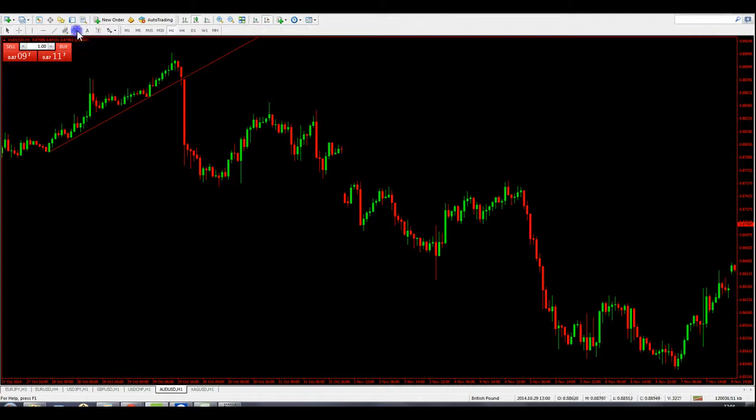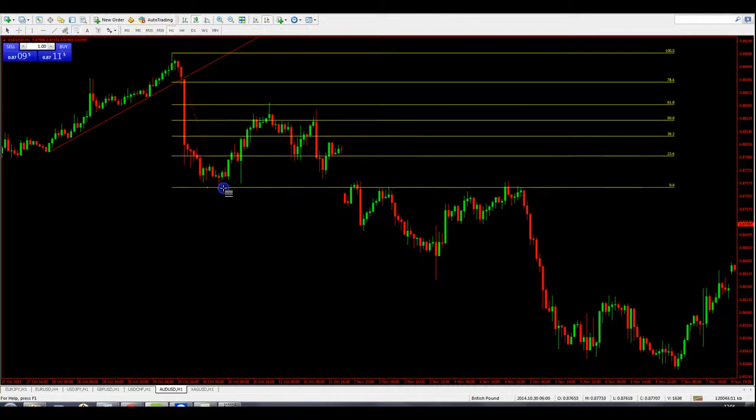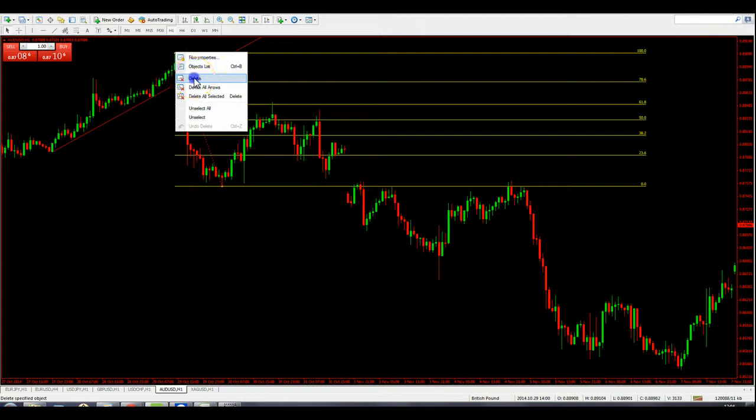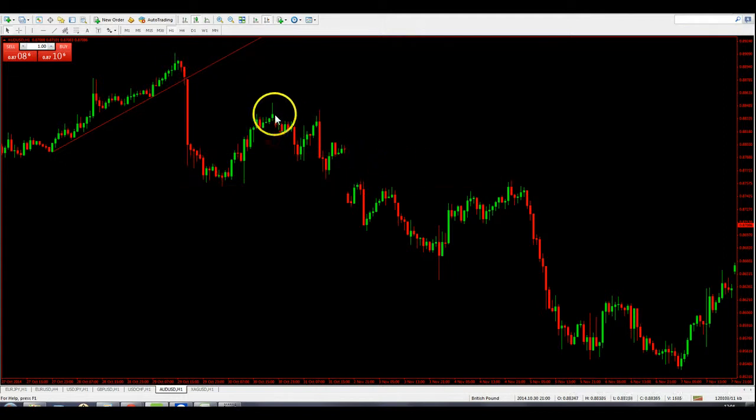So you come along, get your Fibonaccis, find out that you've just had a bounce off the 61.8 Fibo right here. Little spike, brilliant. So we know we're trading on this candle right here, this green spike, or even better, an engulfing bearish just shortly after that spike. That's a nice little signal there.